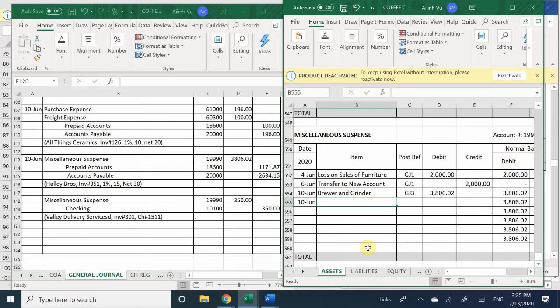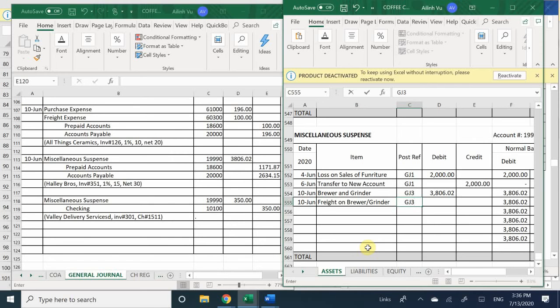And we're going to indicate freight on brewer and grinder. Brewer slash grinder. Okay. And we're still on general journal number 3.